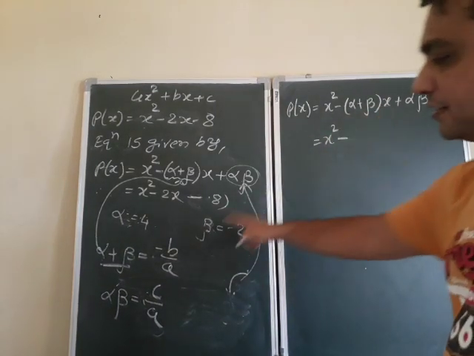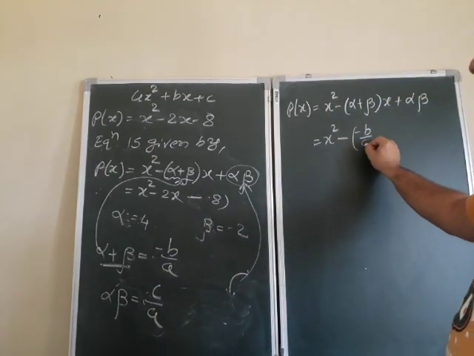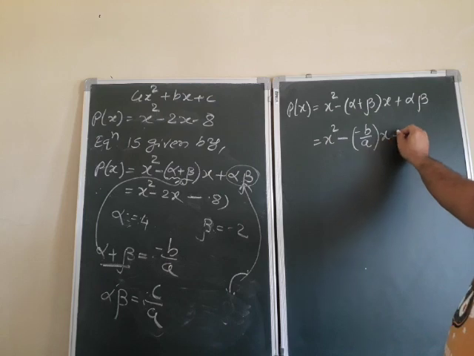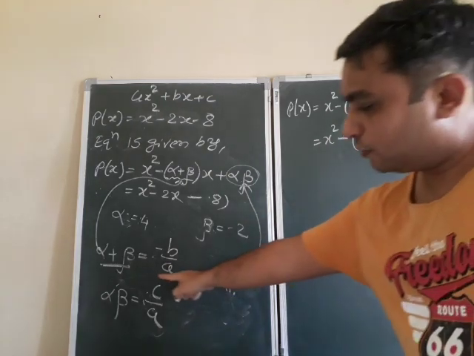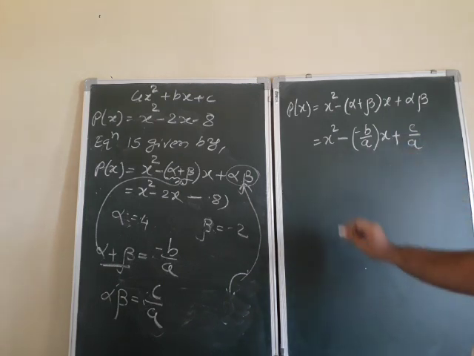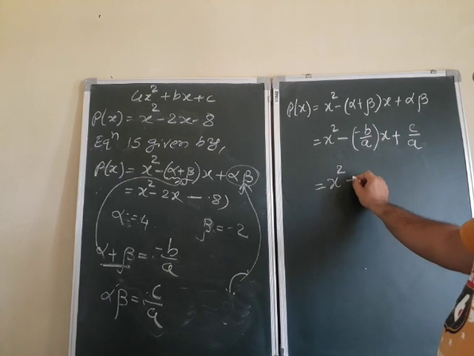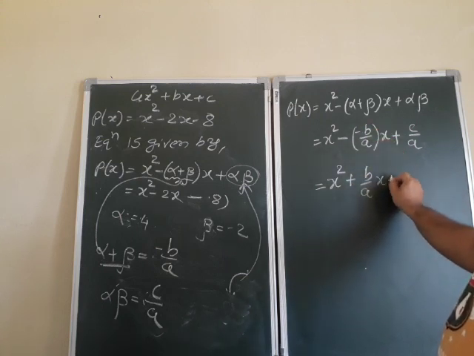What is your alpha plus beta? Minus b by a. So here I substitute minus b by a into x, and alpha into beta, what is it? It's c by a. So it is x square minus minus plus b by a x plus c by a.